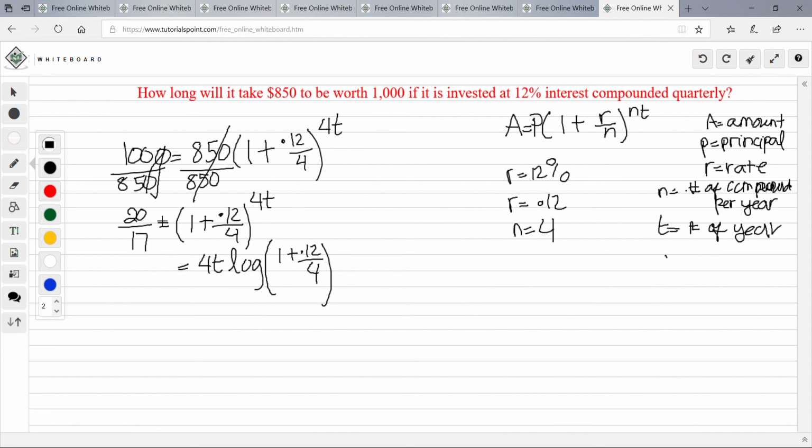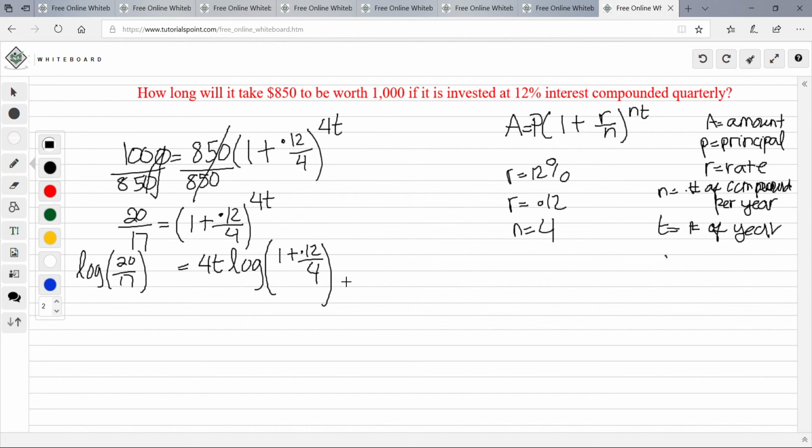And then you have to do it on the left side, so it should be log of 20 over 17. Good. So now I want to solve for t. So what I'm going to do is divide by log of this whole thing and then divide it by 4 as well.